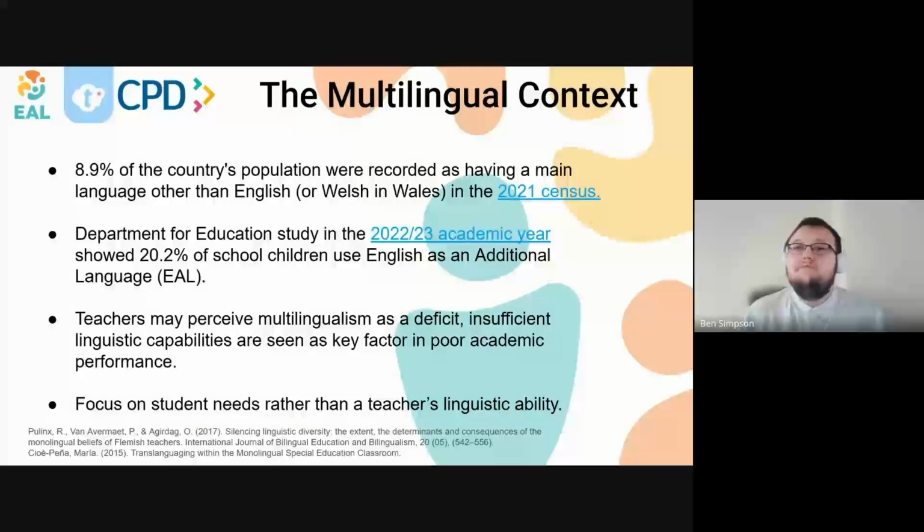The reaction from some teachers when they have this multilingual context is to see it as a deficiency rather than a benefit. One approach to closing the gap in linguistic capability is to shift focus onto student needs rather than a perceived lack of linguistic ability from the teacher or the student.